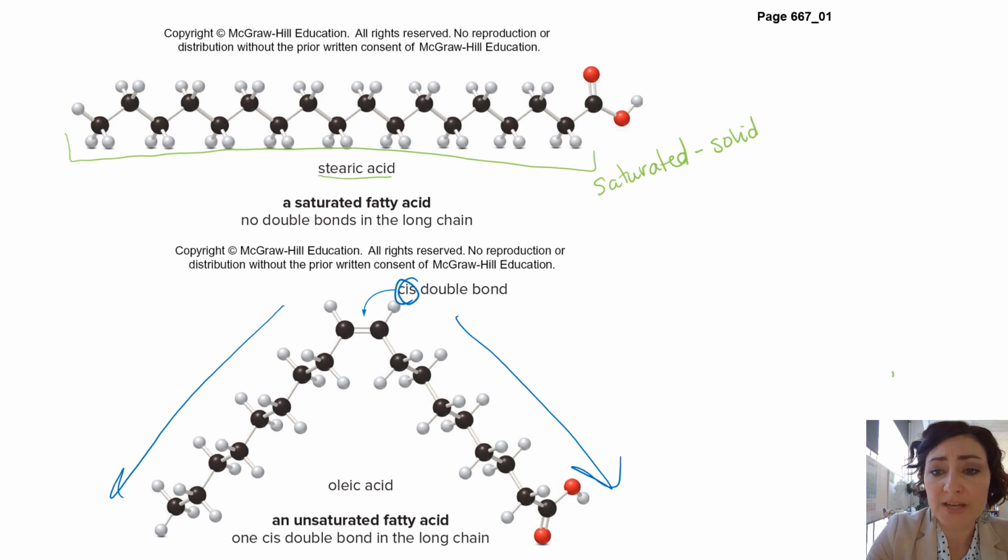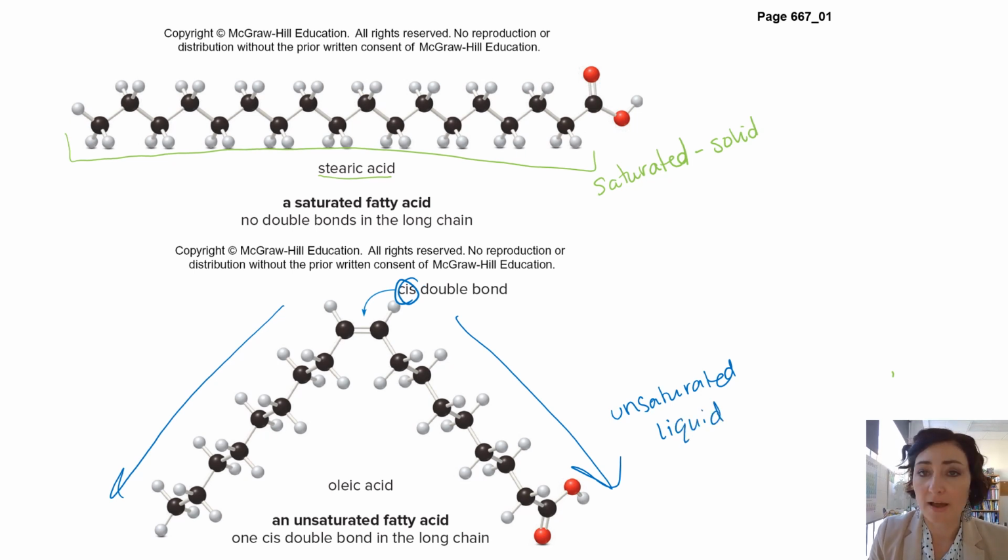So at room temperature, we expect our unsaturated fats to be liquid. So you can think of all of your vegetable oils, safflower oil, olive oil, all of those are considered unsaturated to some degree. They may have more than one double bond, but they're going to have cis double bonds. Therefore, they're going to be liquid at room temperature. So it doesn't take as much heat to get them into the liquid state.